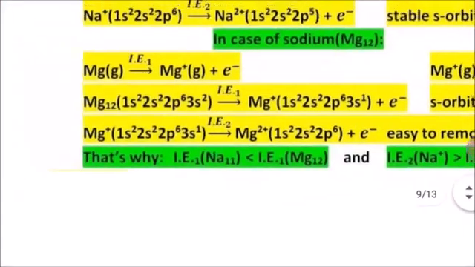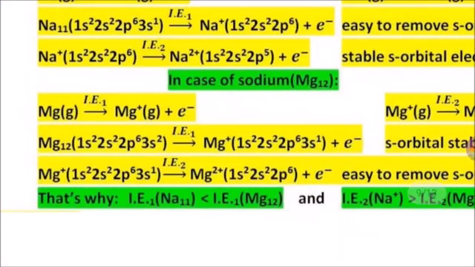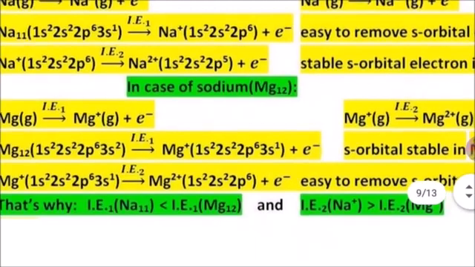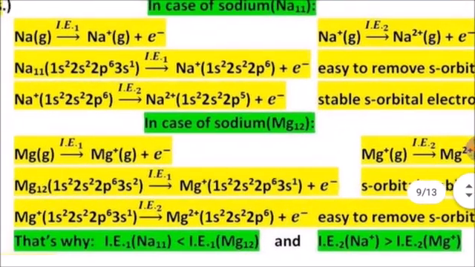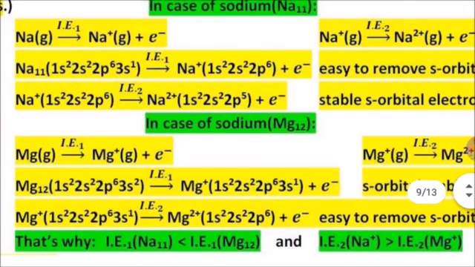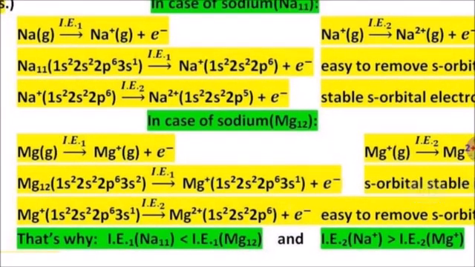So that's why IE1 of Na11 is smaller than IE1 of magnesium, because sodium has a 3s1 electron, but magnesium in the ground state has 3s2, meaning a stable configuration, and sodium with 3s1 is not a stable configuration, so its ionization enthalpy is lower than magnesium.